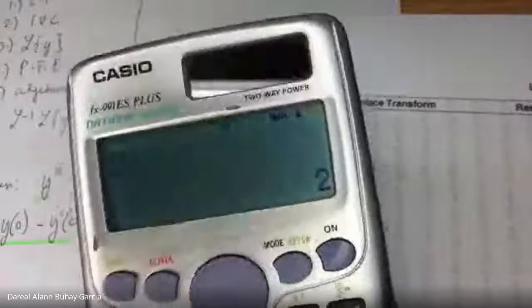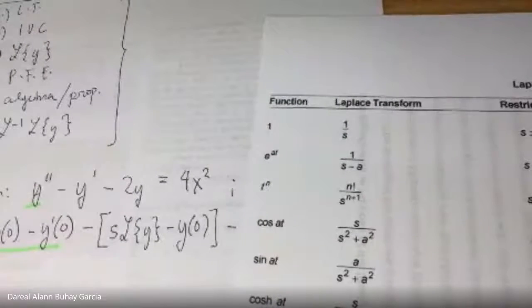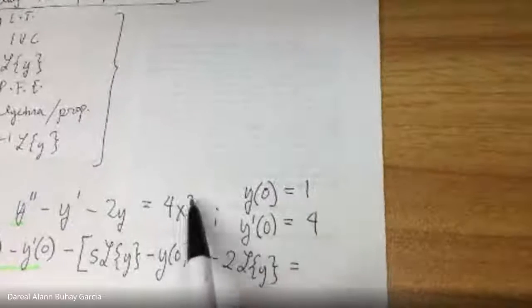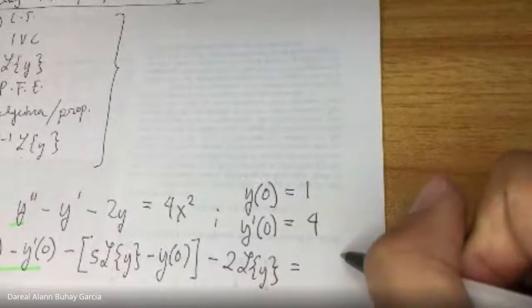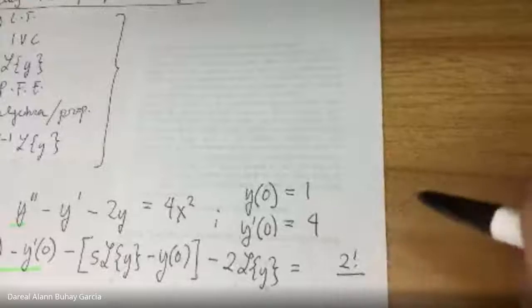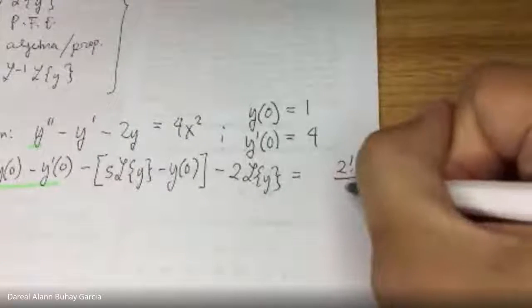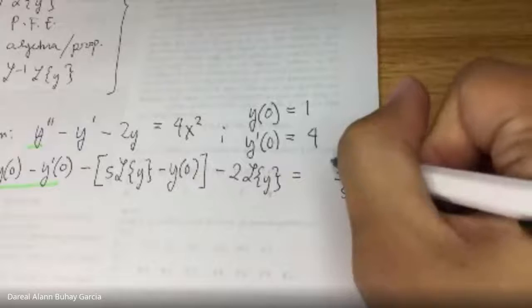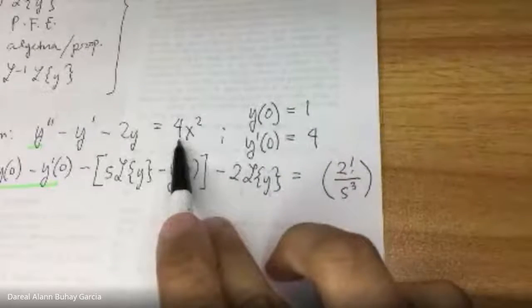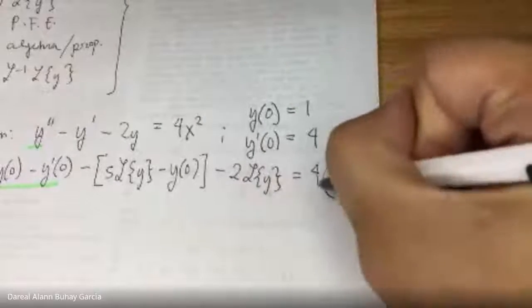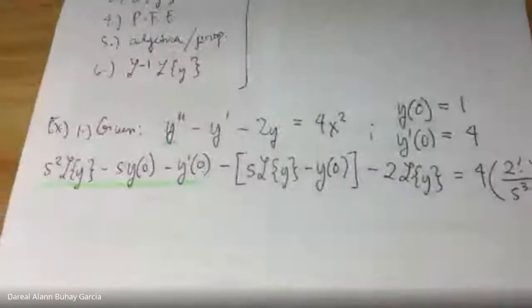What's 2 factorial? Class calculator. 2 factorial is just 2. So the Laplace transform of x squared is 2 factorial over s cubed, times 4. Constant coefficient. Okay. So that's it.